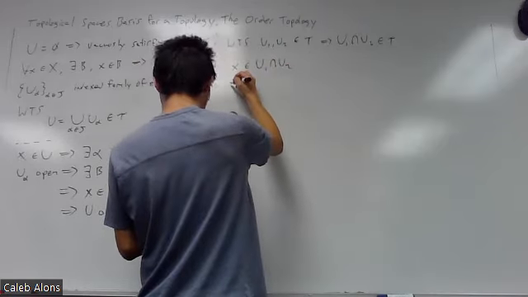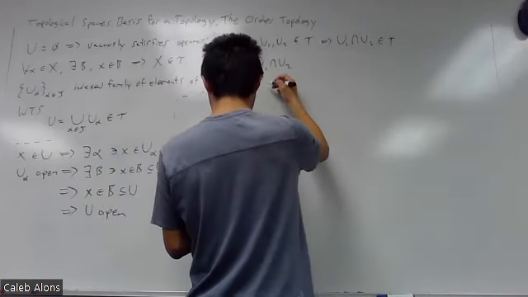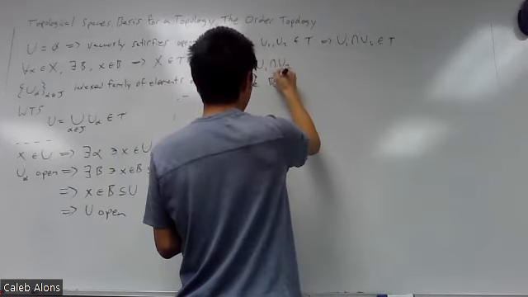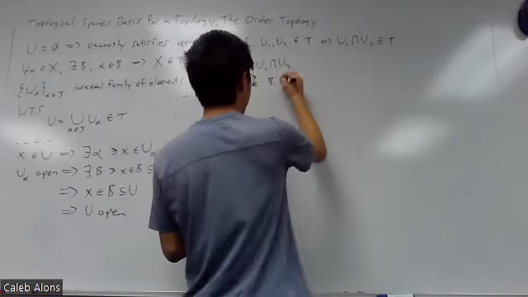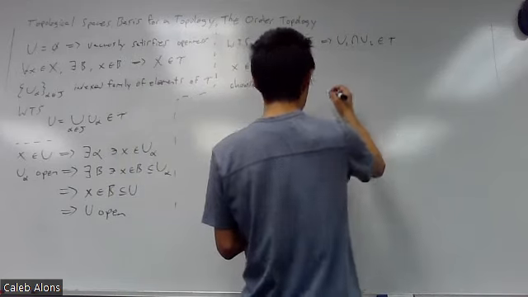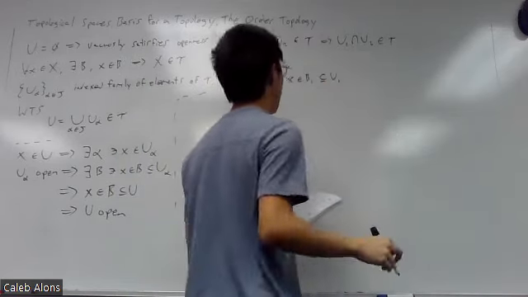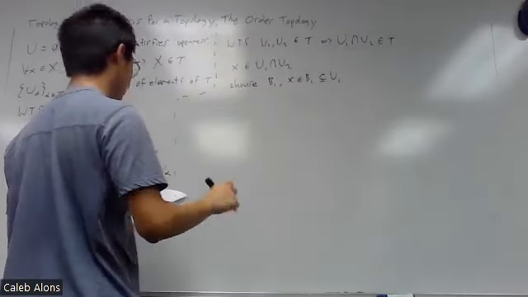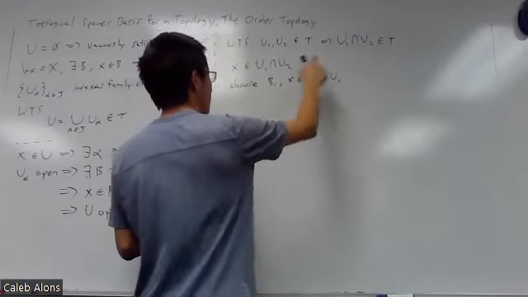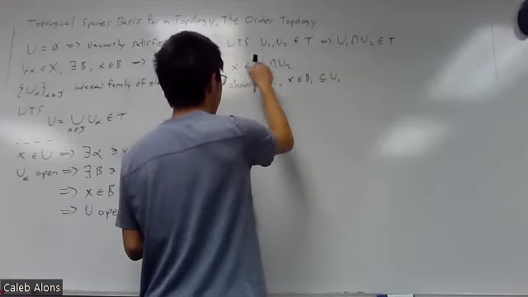And because of this, we can choose an element in the basis, a basis element B1, where X is in B1, and I'll just state the property. But also, because we have an intersection, X is in both of them.